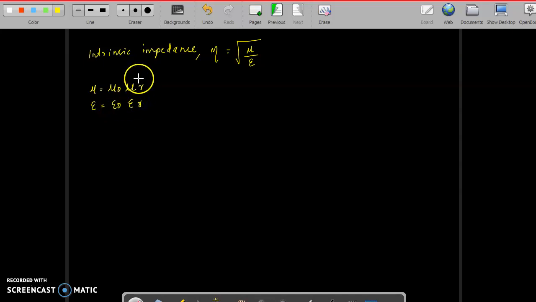The values of mu r and epsilon r are given. If we put it into the formula, where mu naught and epsilon naught are constants, we can simplify this expression.